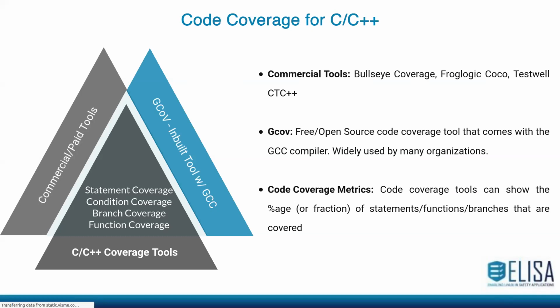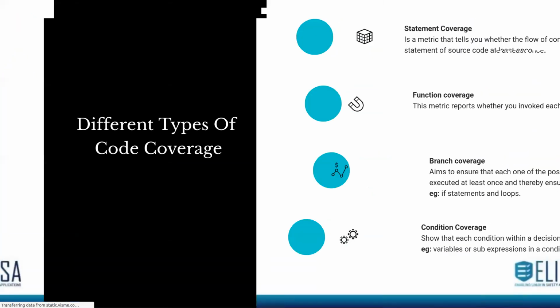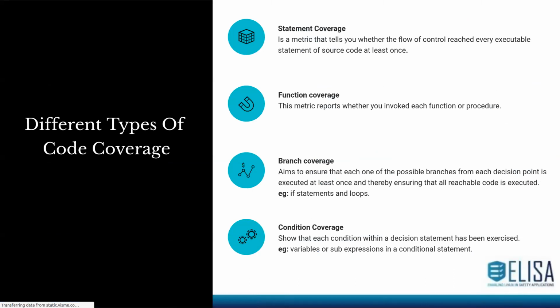And code coverage metrics show you a lot of different things about a program. It shows you the percentage of statements that have been covered, and the percentage of functions or branches that have been covered by the program. Again, there are multiple types of coverage depending on what information you want out of a program.